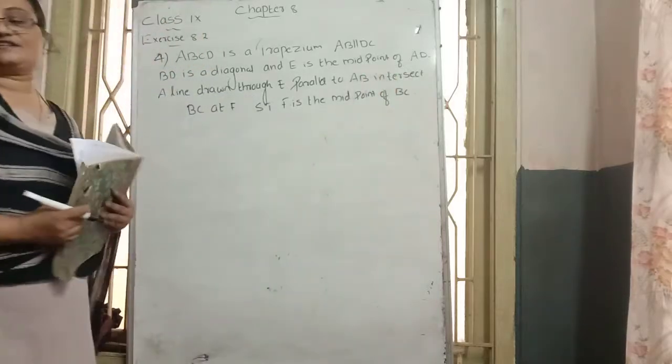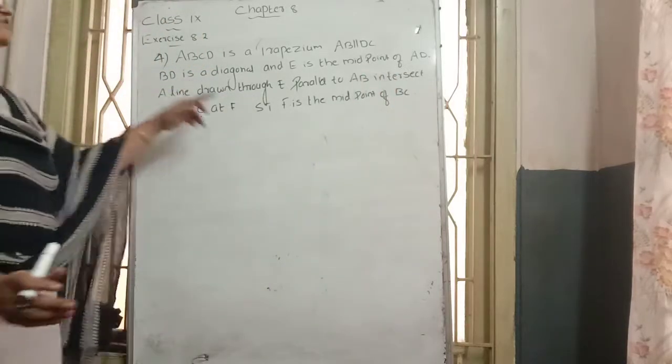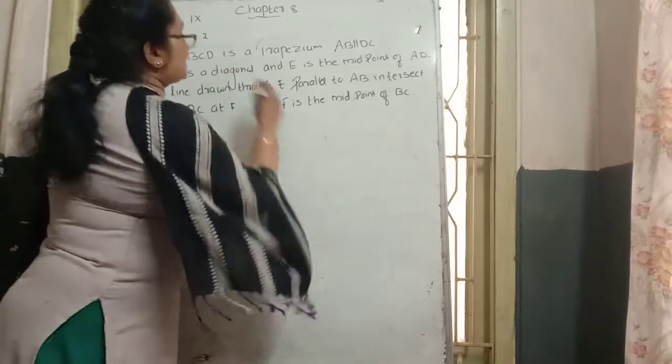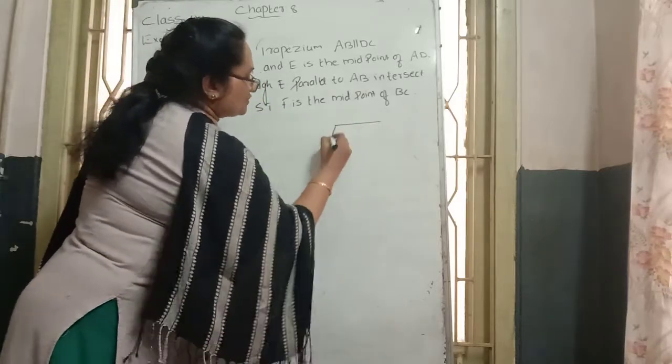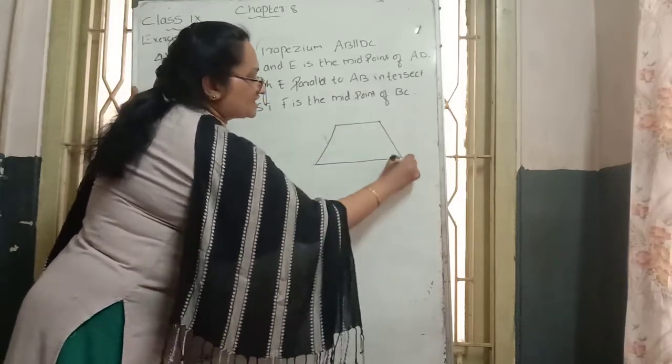A diagram is also given. Which diagram is it? A trapezium shape. So first of all we draw a trapezium shape.